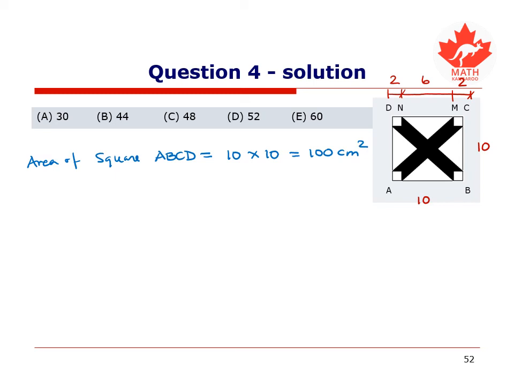Next, we want to find the area of the non-shaded region. This area is made up of the area of the corner squares plus the area of the 4 isosceles triangles.